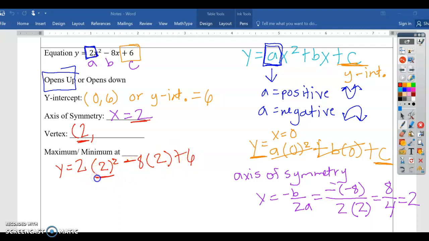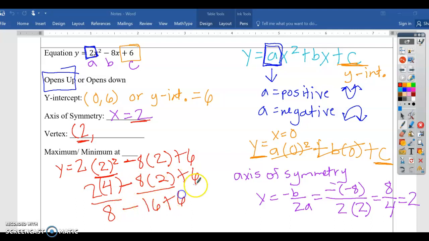So we do exponents first in PEMDAS. So that's 4. Then we have times 2 minus 8 times 2 plus 6. Now we do multiplication. So I'm going to do both of those at the same time. 4 times 2 is 8. 8 times 2 is 16. And then we have the plus 6. We just bring it down. 8 minus 16, negative 8, plus 6, minus 2. Okay, so our vertex is at 2, negative 2.